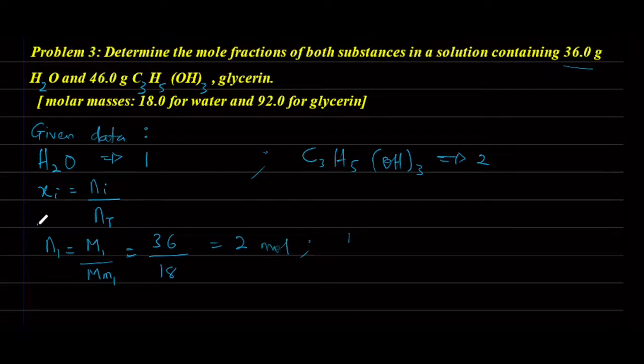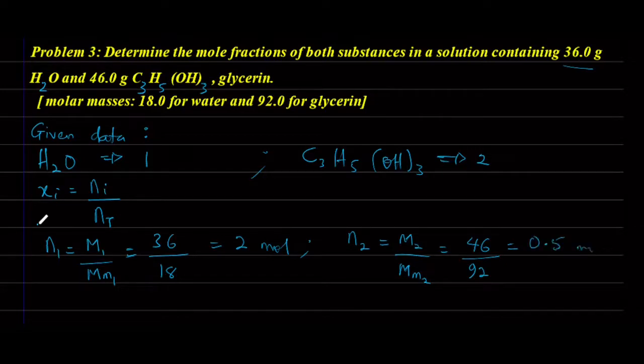Now we can also solve for the number of mole of glycerin, that is mass of glycerin over molar mass of glycerin. The mass of glycerin given is 46 grams over the molar mass of glycerin given as 92. So we are going to obtain 0.5 mole.